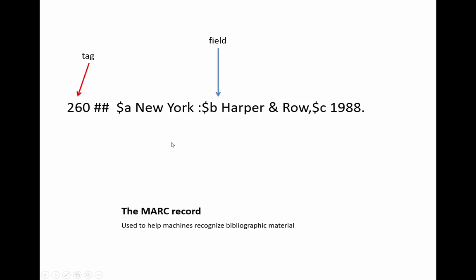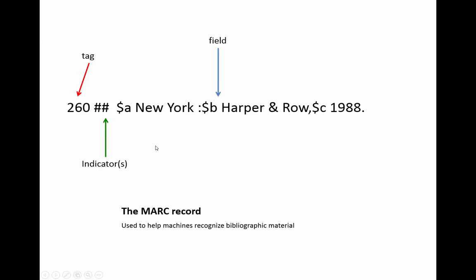So that's the tag. The tag is that lead number. The whole line is called a field, the initial leading number is called the tag, and then we have what are called indicators. The indicators immediately follow the tag, and they indicate what information is coming next. In this case, our indicators are these two pound signs.